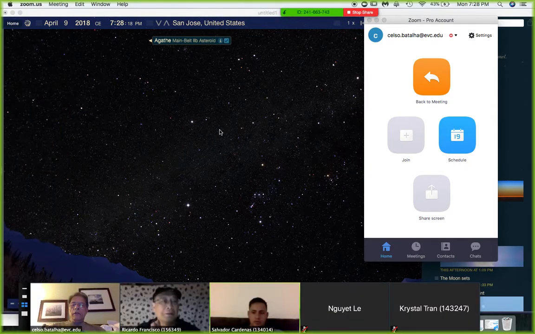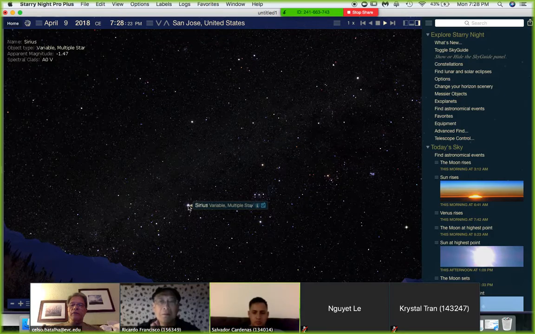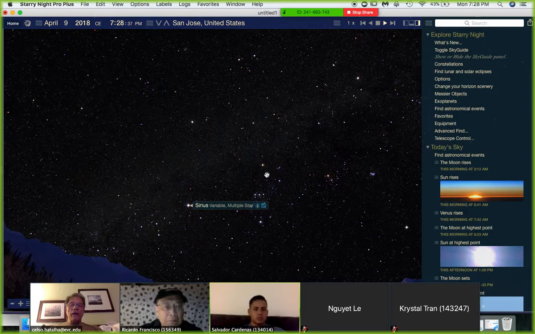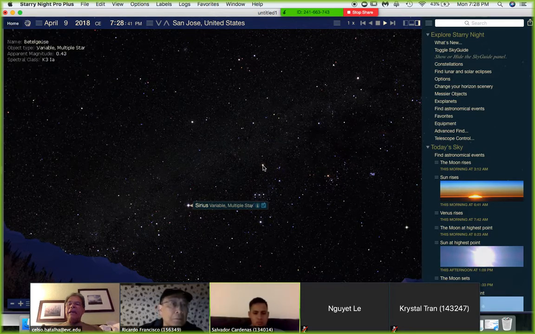Okay, so this is, again, Sirius. Sirius has a magnitude, look in the top left-hand side, of negative 1.47. It's an A star, and that negative number indicates how bright that star is. Let's see, Betelgeuse is a K star.